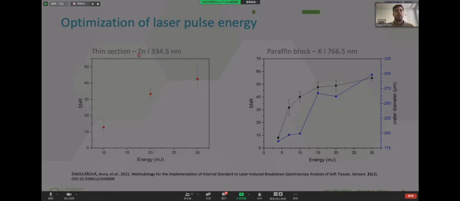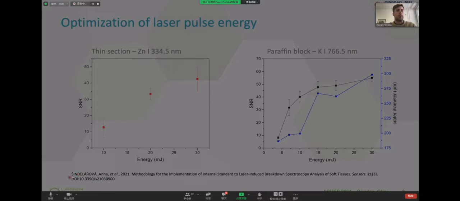Zinc analysis is quite important, also with other elements, for some cancer research. So far, the sensitivity is not so satisfactory, so we are still improving the detection limits to be able to provide zinc analysis.